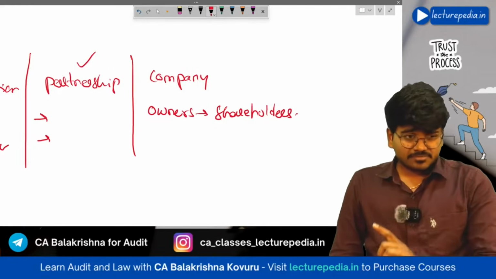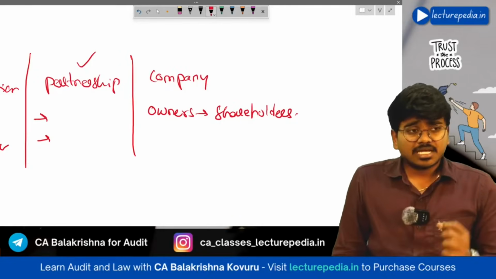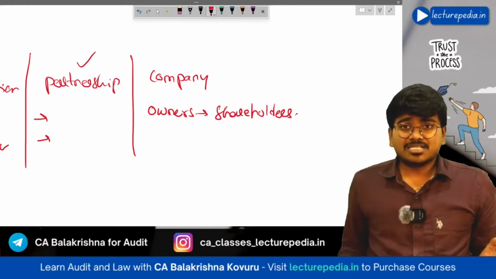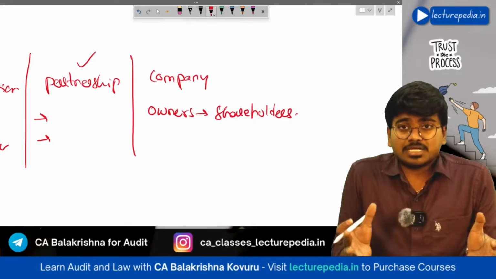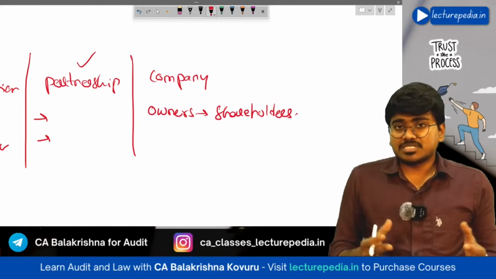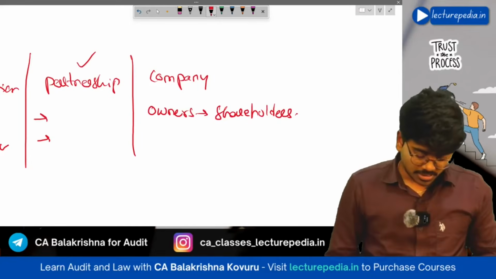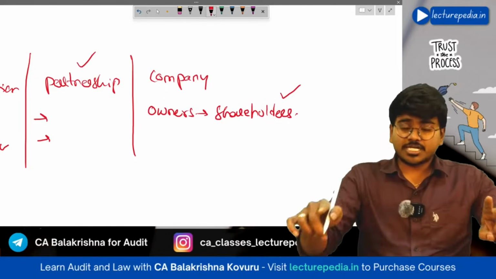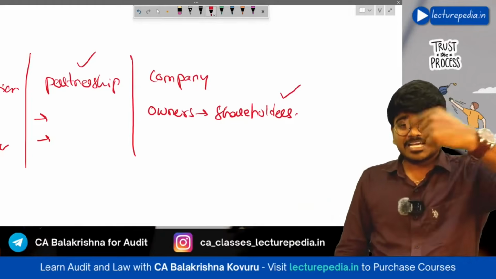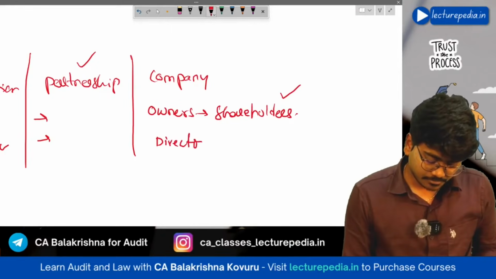Now if the company has to be managed by all these shareholders, it is impossible. All these shareholders cannot come together and take the day-to-day decisions of the business related to the company. So in case of a company, on behalf of shareholders, to manage their business, directors will be appointed.